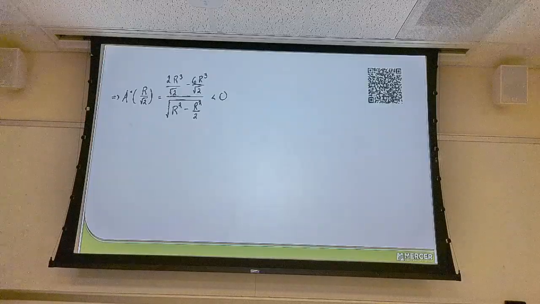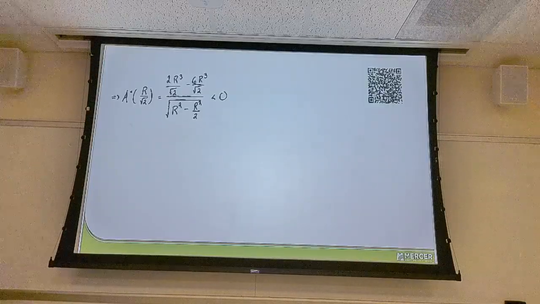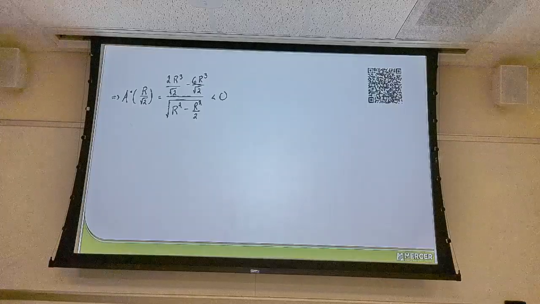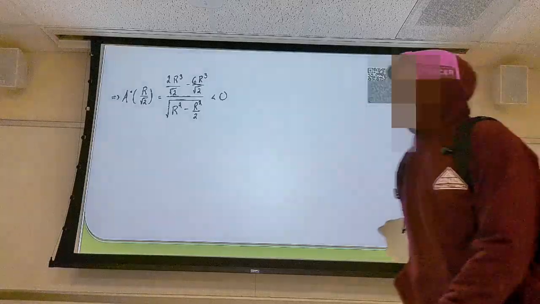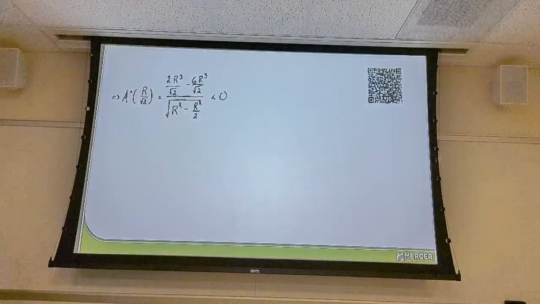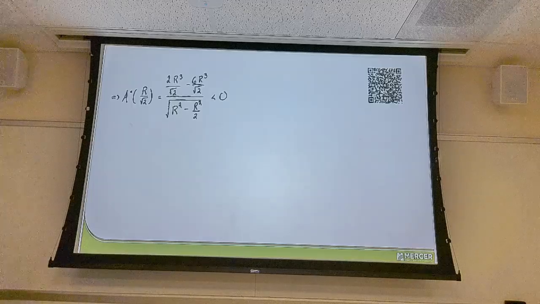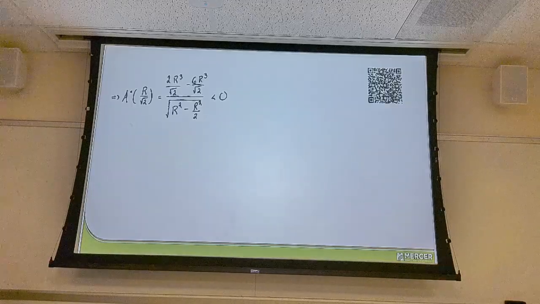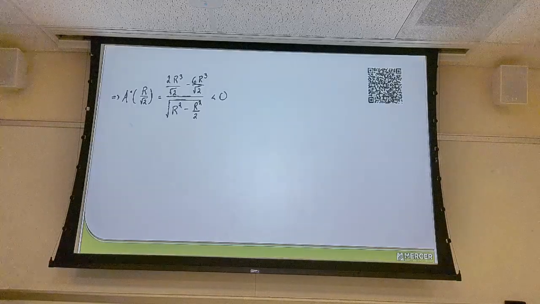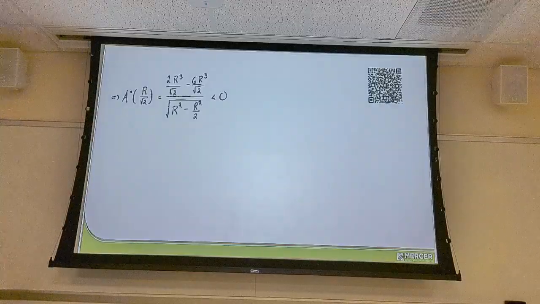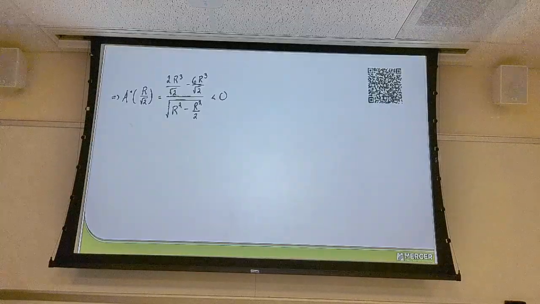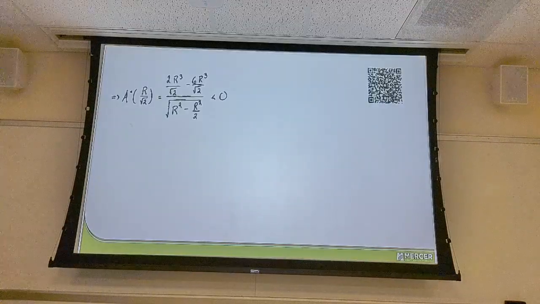The denominator is the square root of r squared over 2, which is positive. The numerator is going to be negative 4r cubed over root 2. But r is positive, which means r cubed is positive. Numerator is negative, denominator is positive. That's less than 0. Yay.